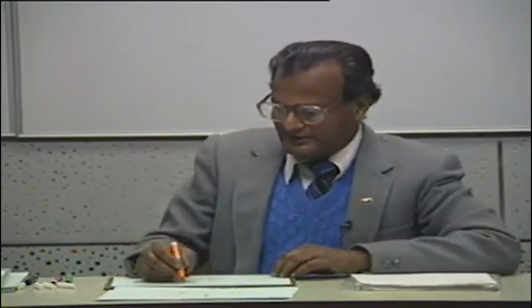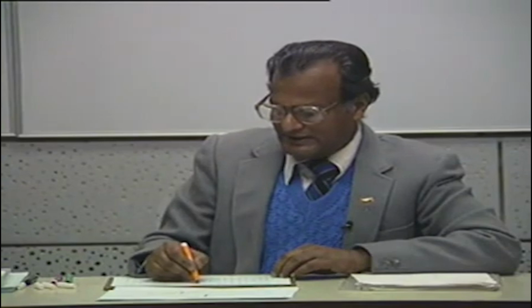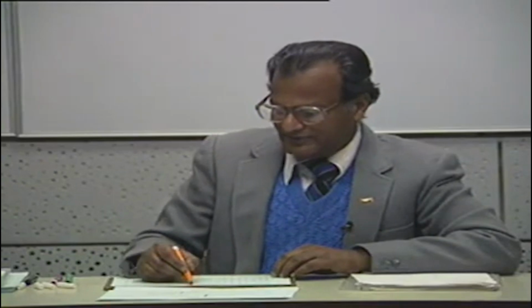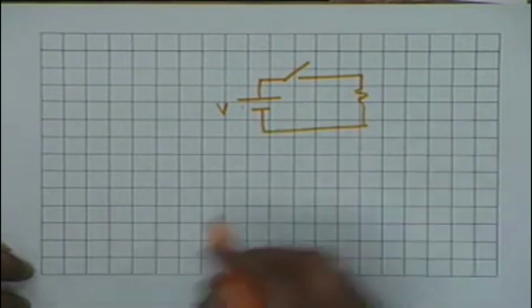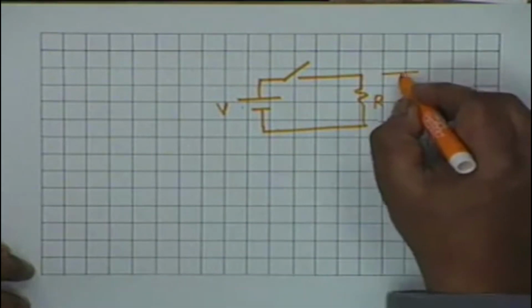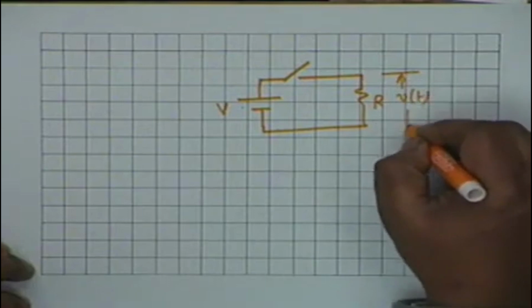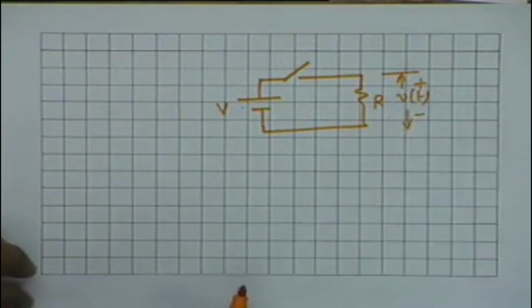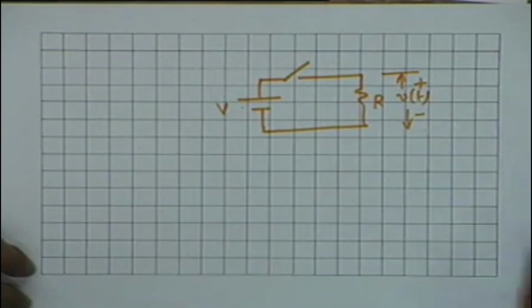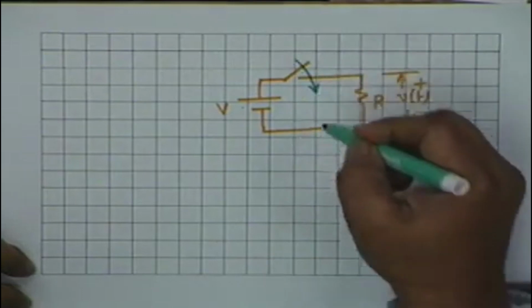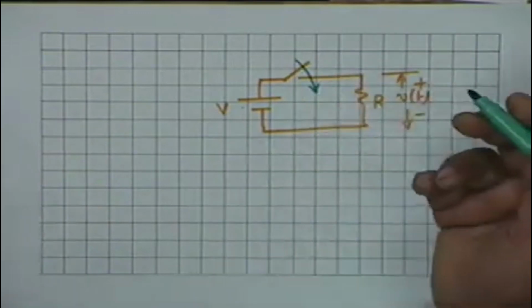Now suppose we have a battery, consider another circuit, a battery in series with a switch and then a resistance R. You measure the voltage V of t across the resistance R or the current that is flowing through R. They are simply related by Ohm's law. And what you do is you operate this circuit on and off.